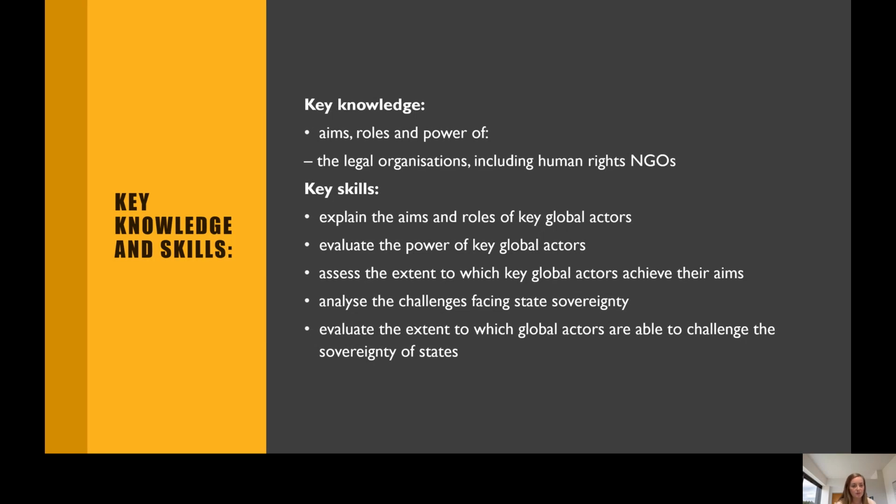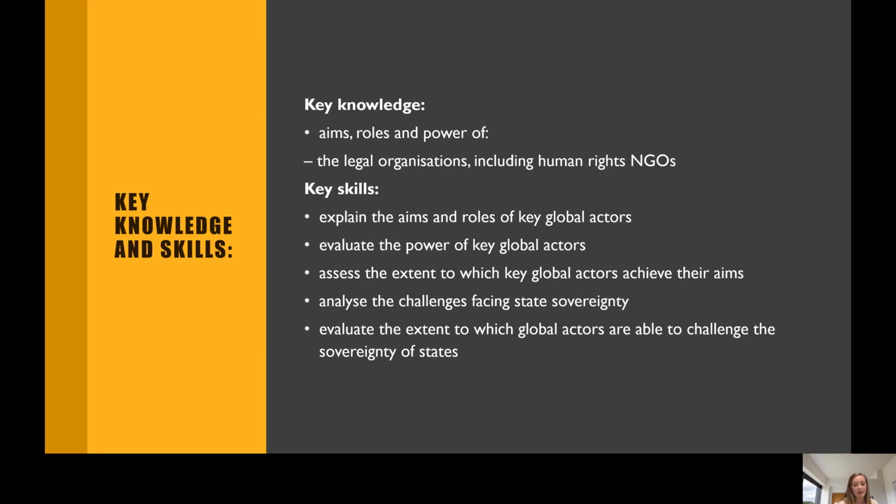In terms of what our key knowledge is, we look at the aims, roles and power of Amnesty International. Aims: we need to be able to explain the aims and the extent to which the global actors can achieve these aims. We need to be able to explain their role. Evaluate the power. So how does Amnesty have power?